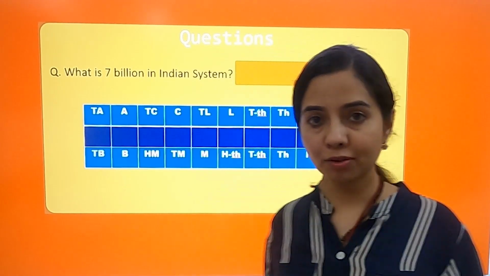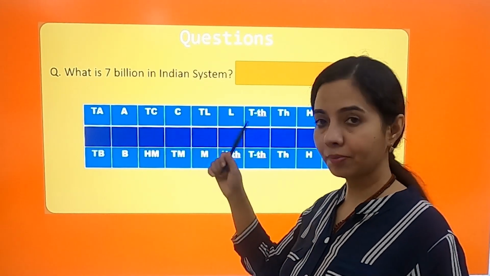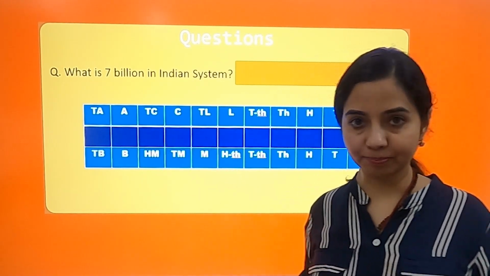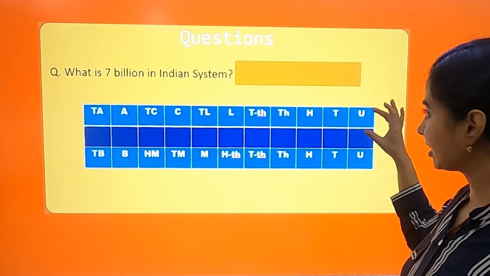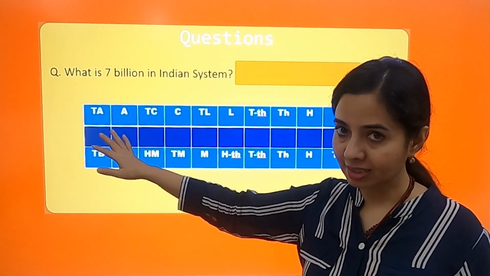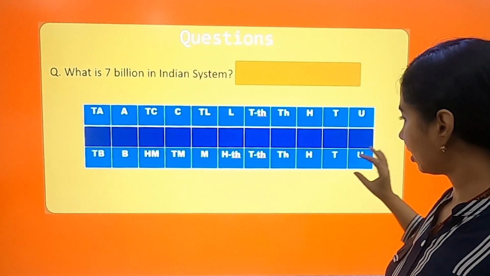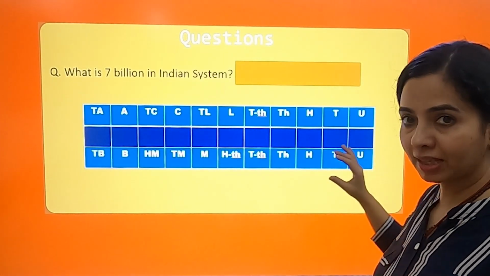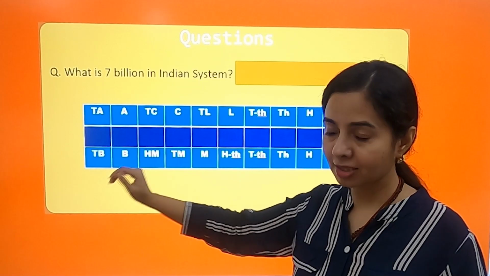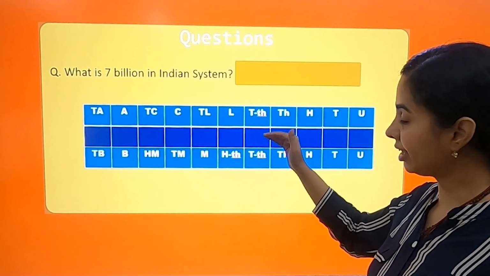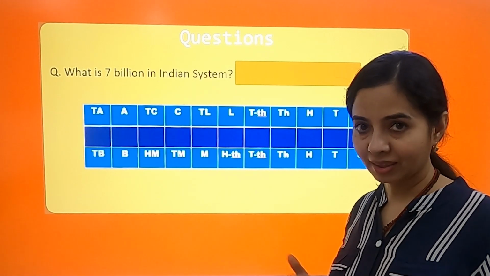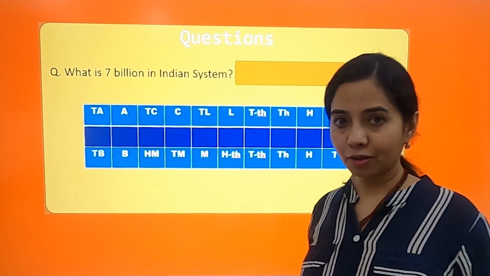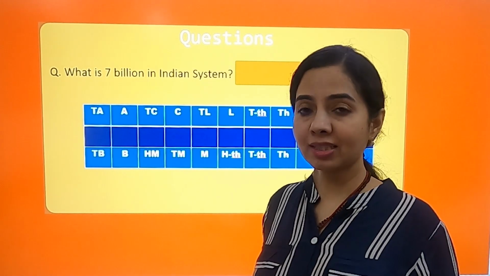So the question is, what is 7 billion in the Indian system? What you can do is, you can write the places of the Indian system first and write the places in the international system and leave a row between the two.